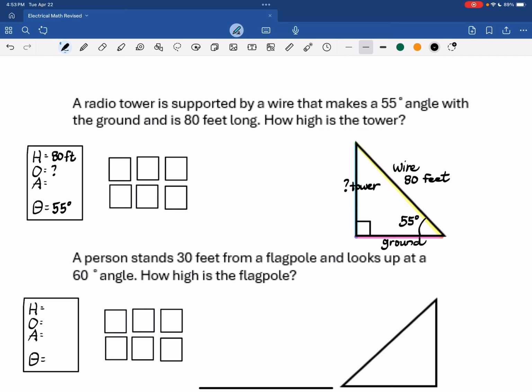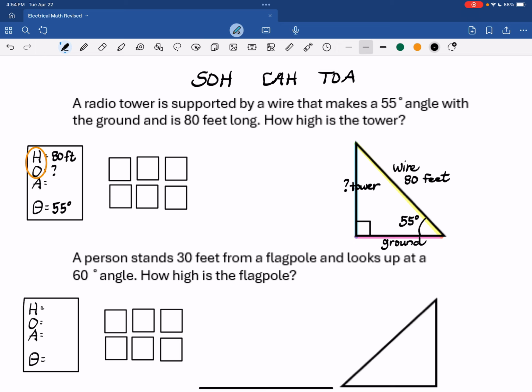So we know H and O. And let me just circle that with a different color. That is going to tell me in SOHCAHTOA which ratio I need. I don't know if we're going to find any cosines in these problems. We might, but most of these will be sine and tangent.